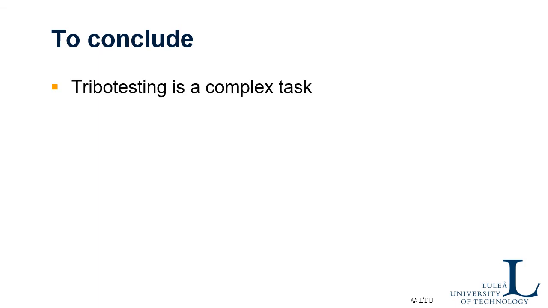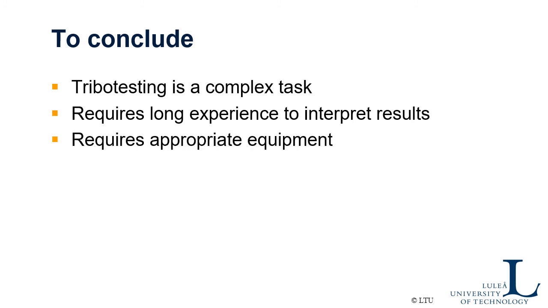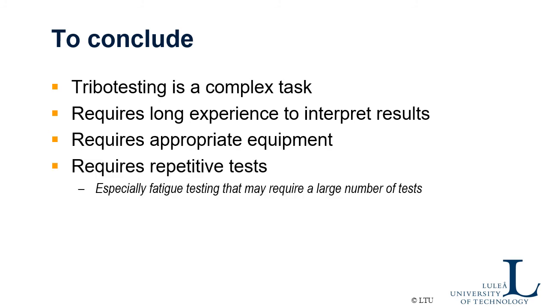So to conclude, tribotesting is very complex. This is something you need to gain experience of over a long time, and you need pretty much specific equipment. You need equipment to do the actual motion, to do the actual tribotest, but you also need equipment for the post-mortem analysis.